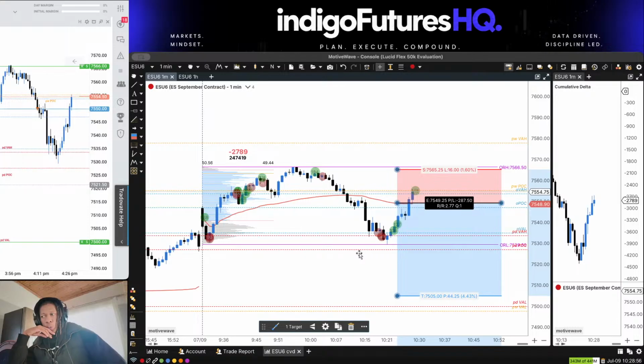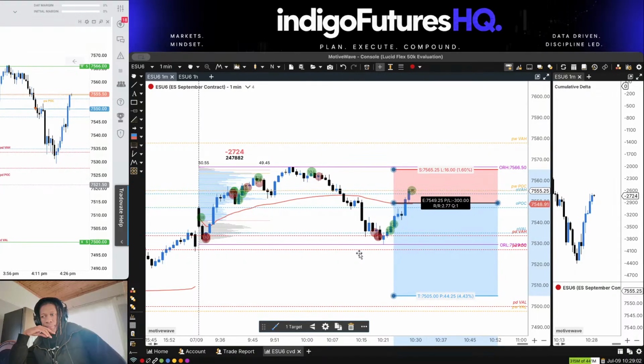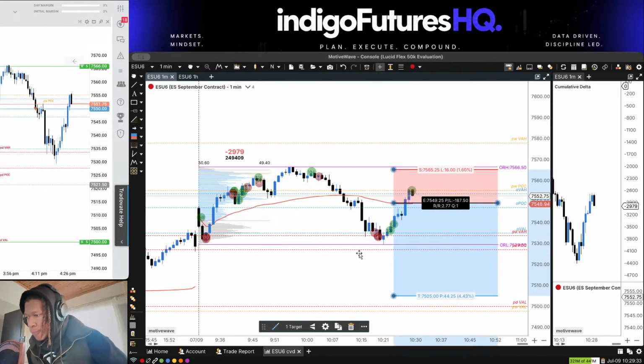Previous week point of control, what do they do? We are a few seconds away from initial balance. 20 seconds away from initial balance.